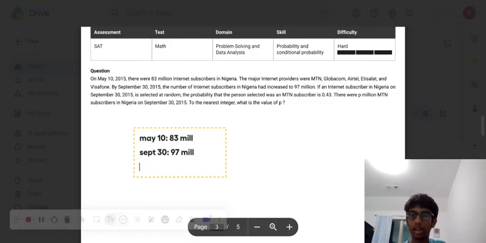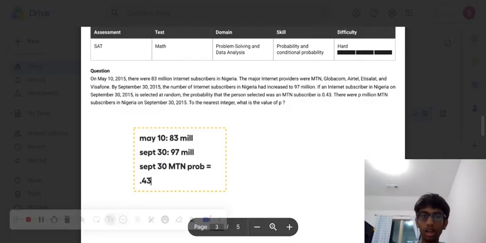And on September 30th, the probability that it was MTN is equal to 0.43. And then it's asking what is the number of subscribers? It's P million.